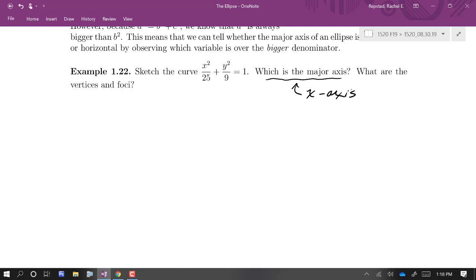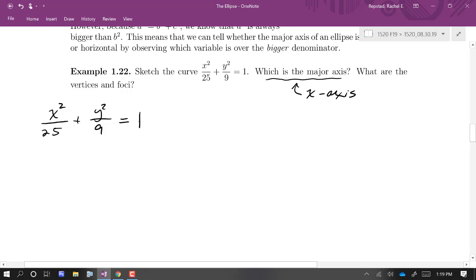And then we want to find the vertices and foci. So how would I get the vertices? You gotta get it in the formula to find c.